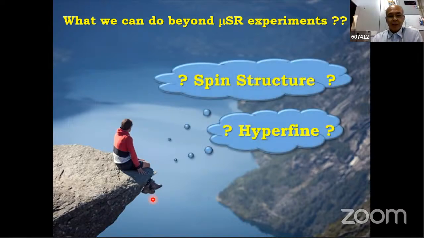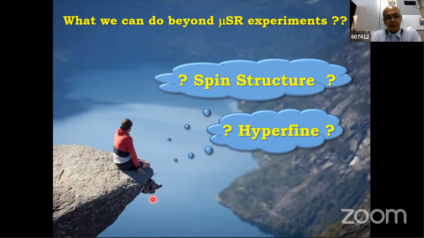For instance, how can we discuss spin structure from MUSR? Fundamentally we can do it using MUSR, but honestly we cannot discuss spin structure as easily as with neutrons. Many people say that to discuss spin structure we should do neutron scattering experiments. However, neutron scattering sometimes needs a large single crystal, so it is not easy to carry out.